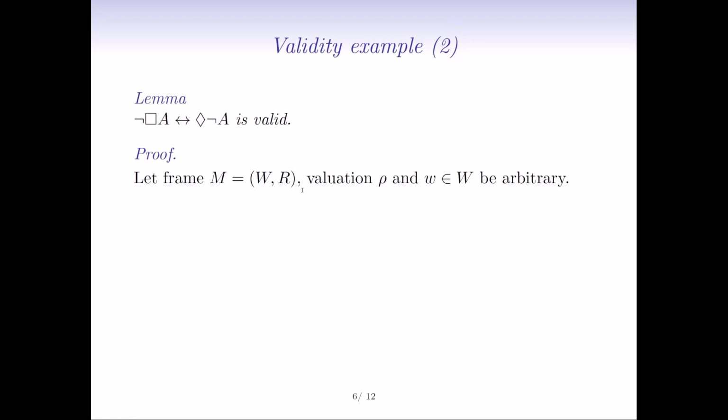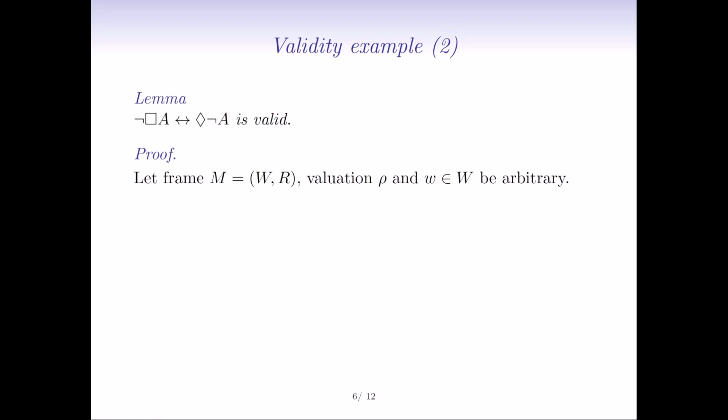So again, to show that something is valid means that it has to be valid in all frames. So I'll let M be an arbitrary frame. And showing that it's valid in this arbitrary frame means it has to be true at all worlds in the frame and under all valuations of the propositional variables.